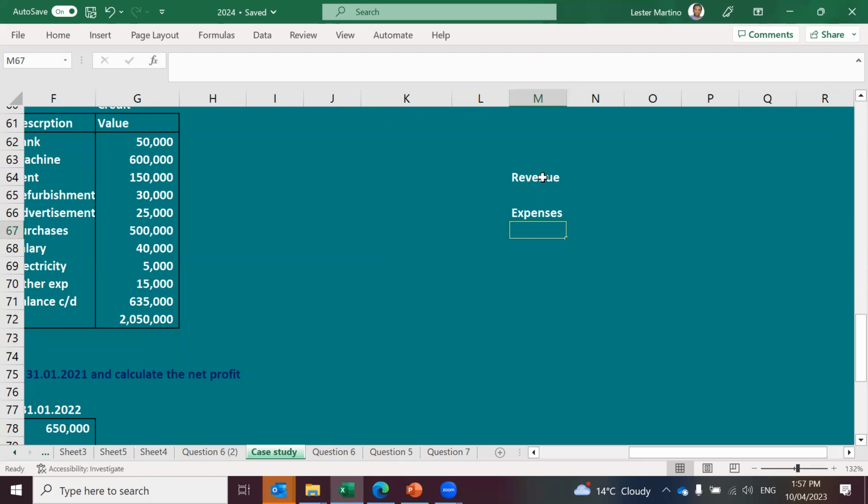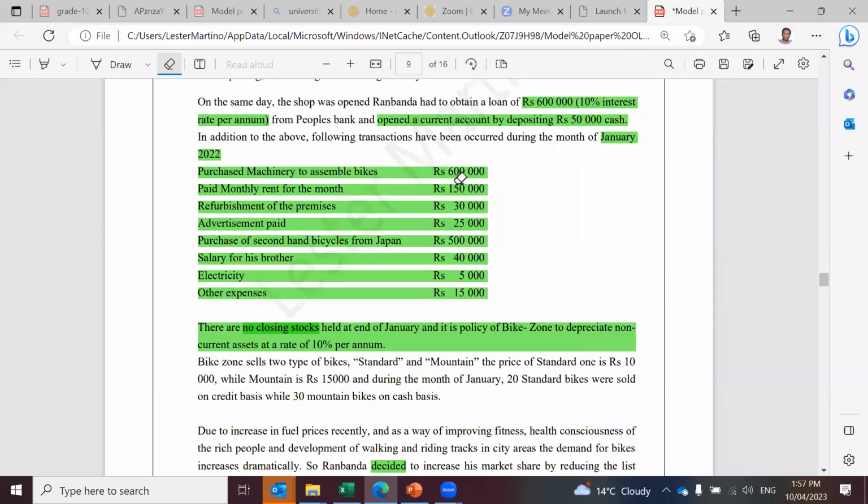Someone is asking why the machine we purchased won't come to the income statement or profit or loss statement. This is an asset. This is a non-current asset. A non-current asset goes to the statement of financial position.